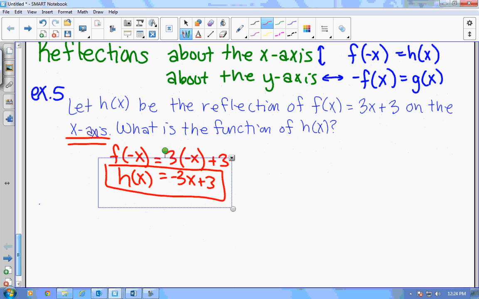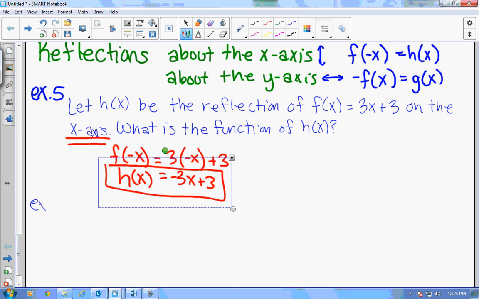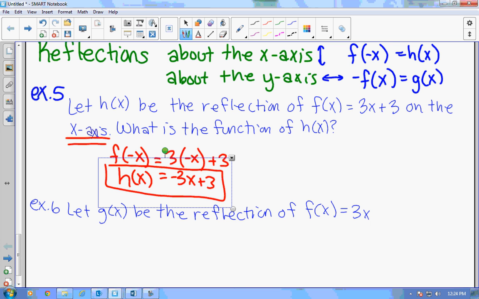Okay, example 6 is going to be the same type of question, except we're going to call it g of x. Let g of x be the reflection of f of x, same function, equals 3x plus 3 on, this time, the y-axis.